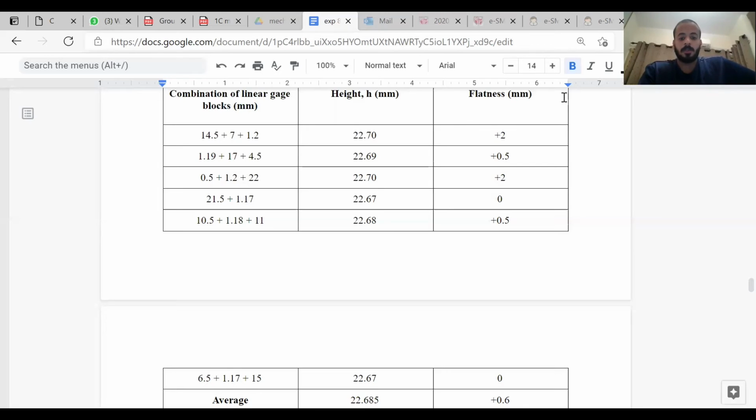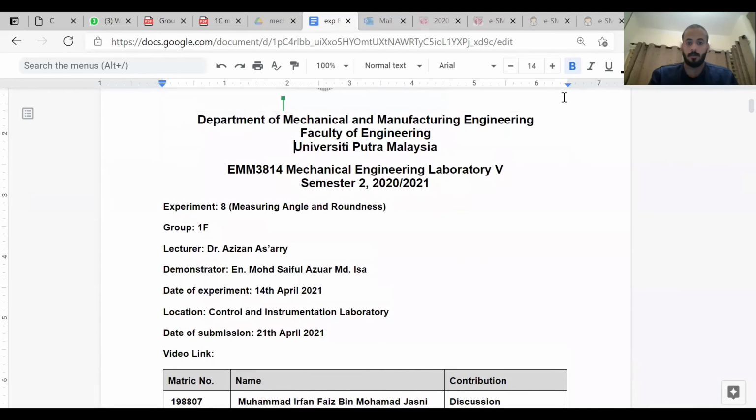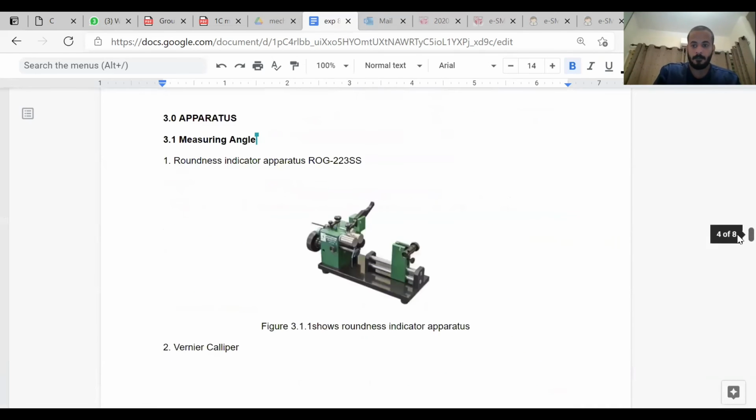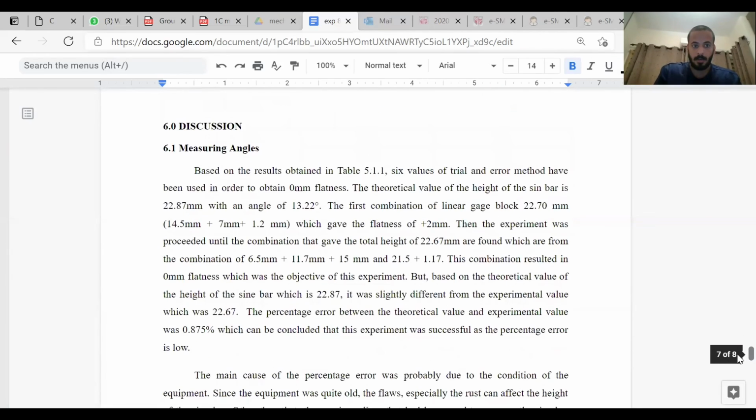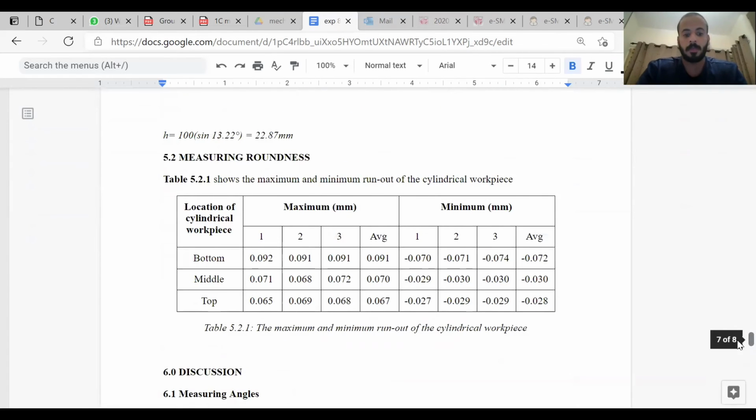For measuring roundness, based on table 5.21, the bottom of the cylindrical workpiece had an average maximum eccentricity of 0.091 millimeter and average minimum eccentricity of minus 0.072 millimeter, while the middle part had an average maximum eccentricity of 0.070 millimeter and average minimum eccentricity of minus 0.030 millimeter.